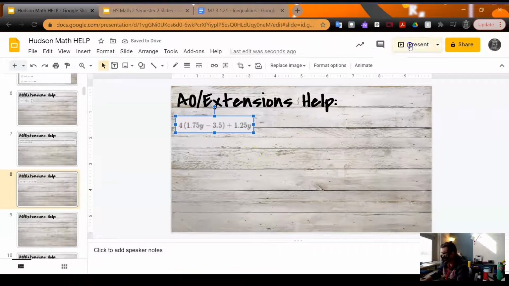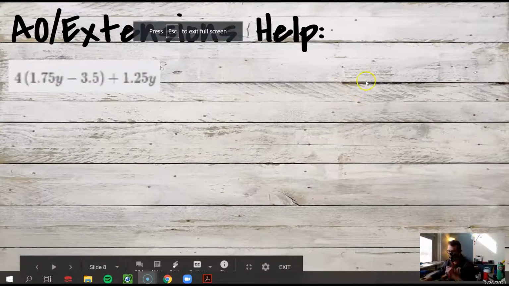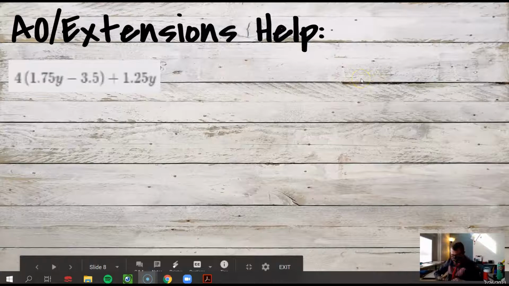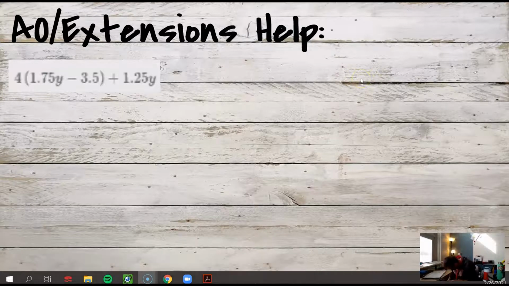First thing I'm always going to do with a problem like this is rewrite the original on my paper. Double check that you don't drop any signs or leave anything behind.